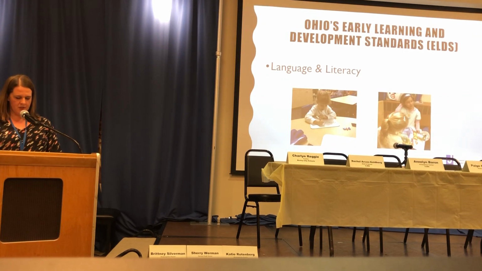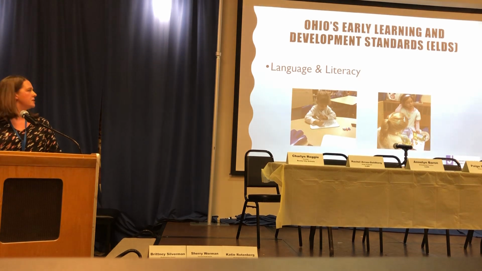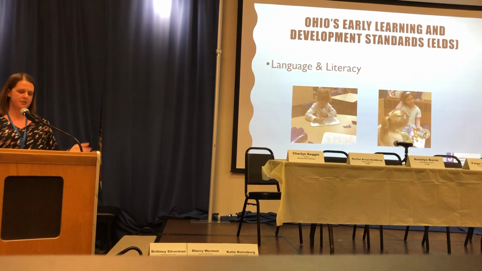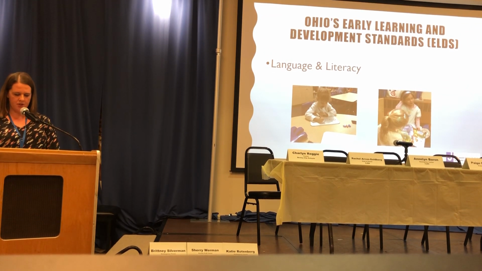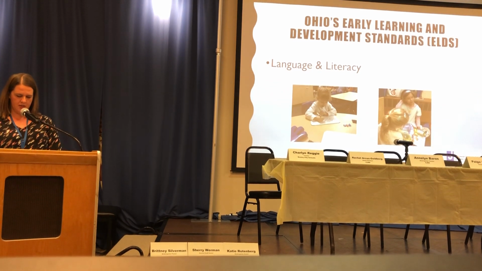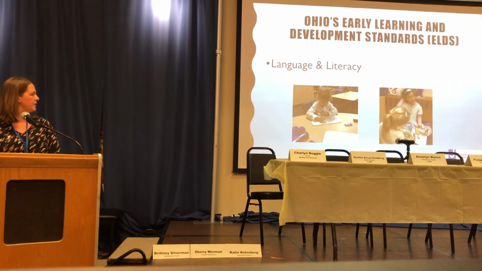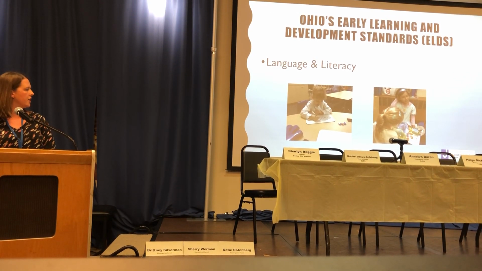Some examples of this domain are emerging concepts of print, which means that print carries meaning and words are made up of letters and sounds, things like that. Also, they're developing comprehension of age-appropriate text, phonological awareness, and letter recognition. In these pictures, this child is communicating through writing, and the other children are developing their early reading skills.